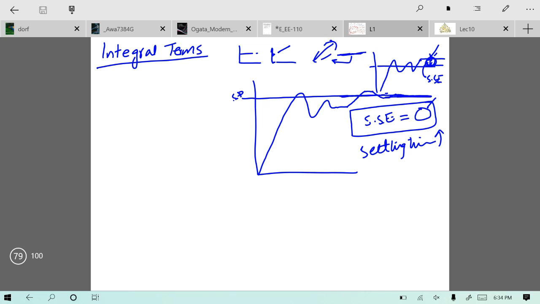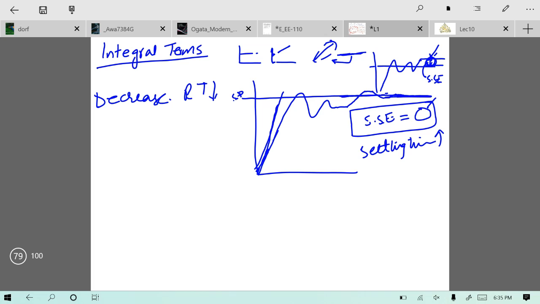So for the integral term, obviously the rise time will again decrease. Why? Because it converts the error signal into a ramp. So obviously there is an error signal, and due to the effect of the error signal, this ramp, this slope will increase and it will achieve the required height earlier than the original system.